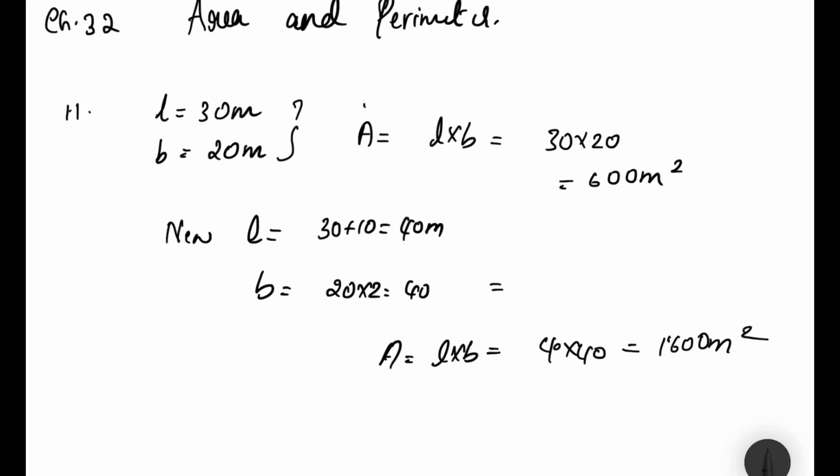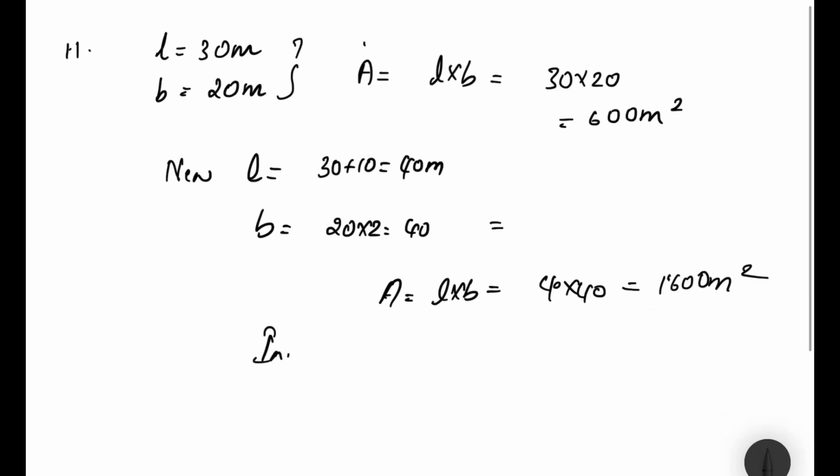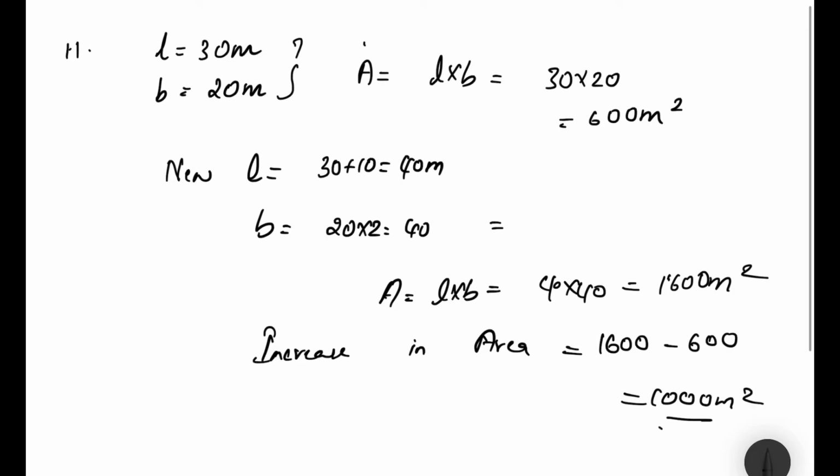What we need to find is the increase in area. Increase in area equals 1600 minus 600, that is equal to 1000 meter square.